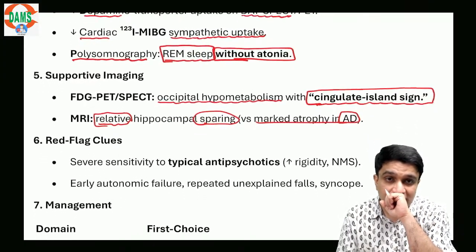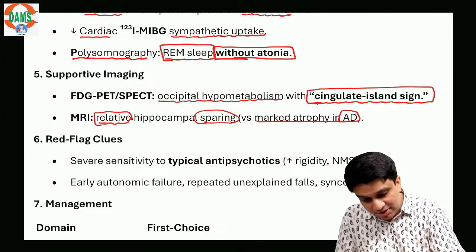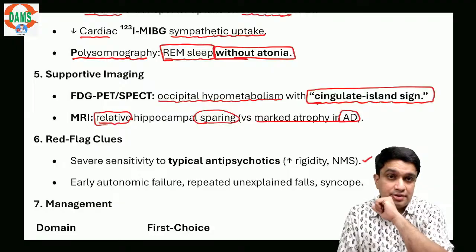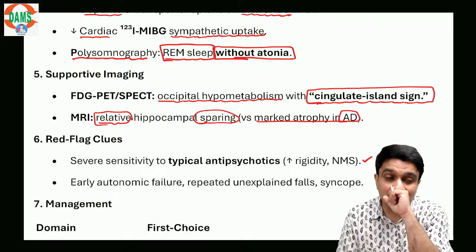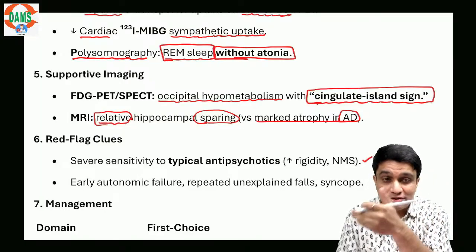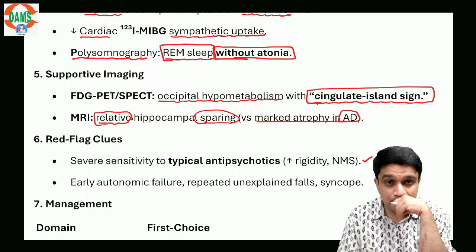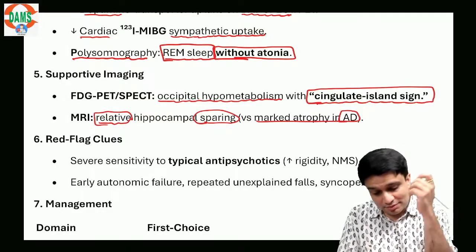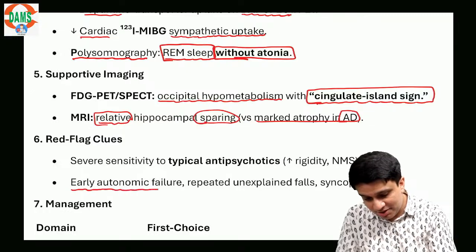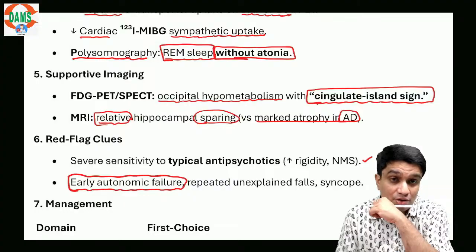Now, what are the red flag signs? Please remember: severe sensitivity to antipsychotics. The moment I give an antipsychotic like haloperidol, their rigidity will increase, because it's all due to a decrease in the dopamine effect or level. Autonomic failure: it can mix up with MSA, a variety of Parkinsonism plus, and early autonomic failure can also happen here.